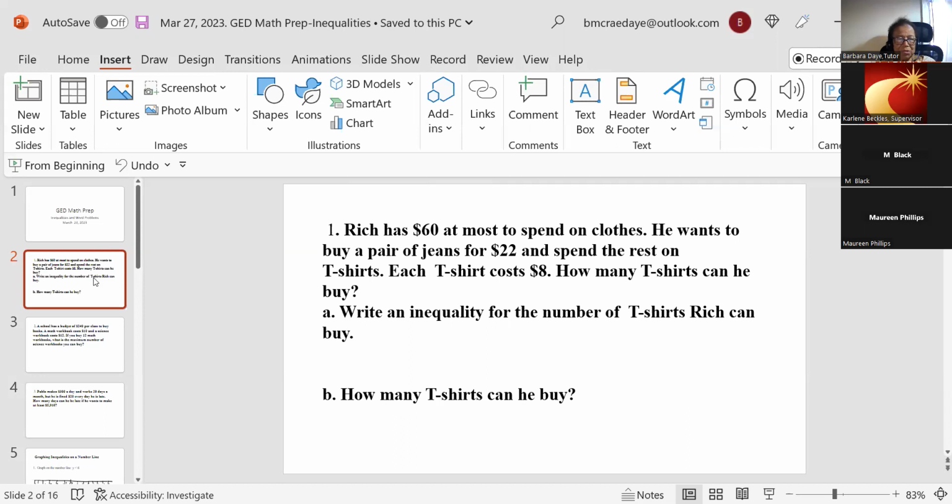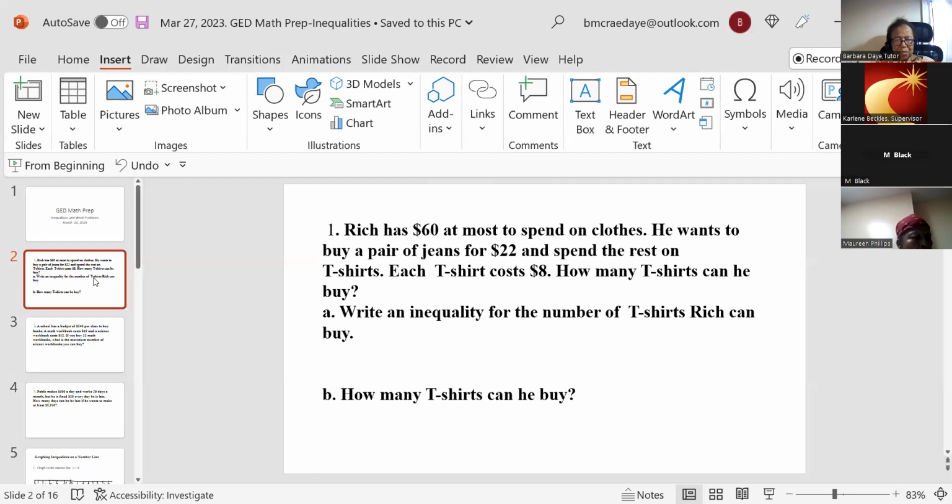So Mercedes, you want to read number one, please? Okay. Rich has $60 at most to spend on clothes. He wants to buy a pair of jeans for $22 and spend the rest on t-shirts.